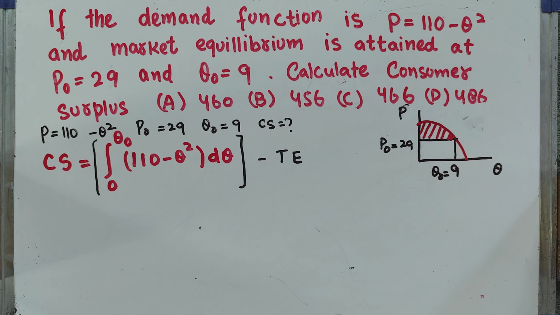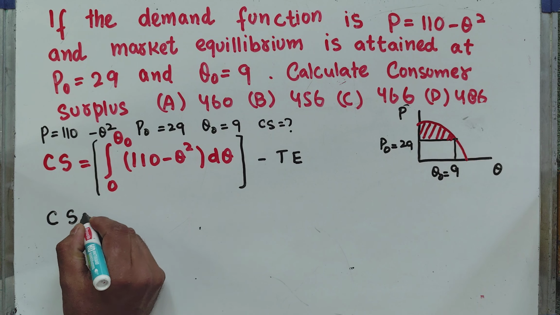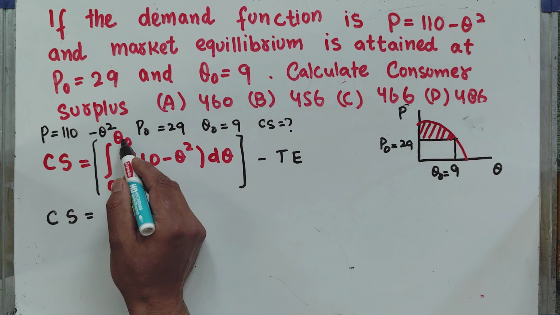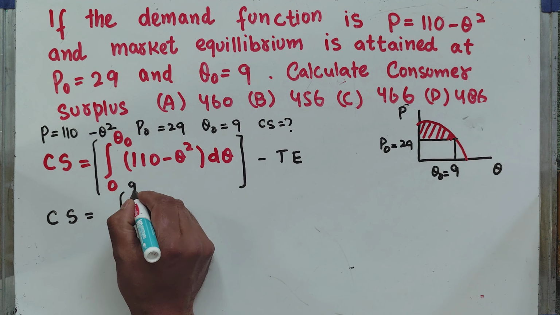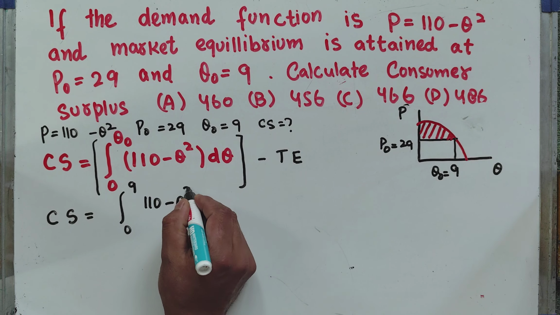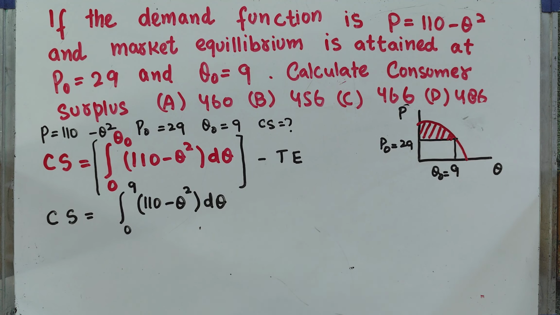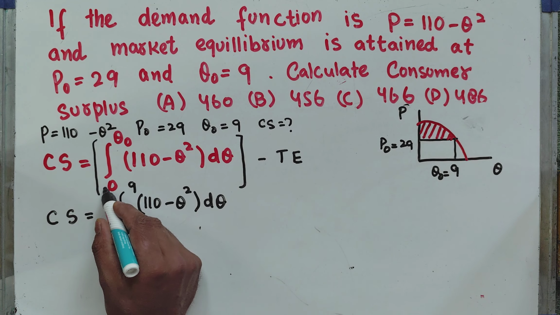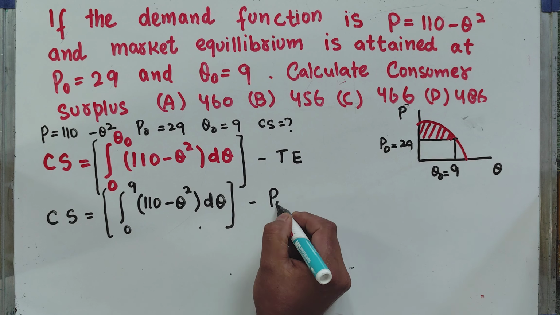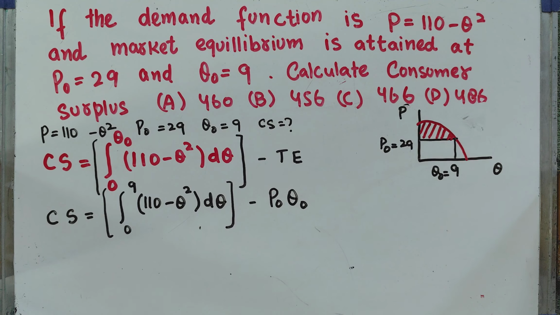So consumer surplus will be equal to the integral from 0 to the equilibrium quantity, which is given as 9, of 110 minus Q square, integrated with respect to Q. From this we subtract the total expenditure, that will be the equilibrium price times equilibrium quantity.